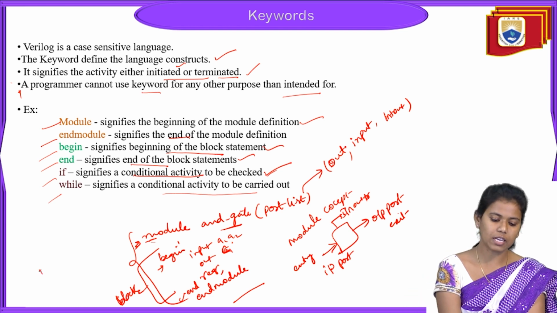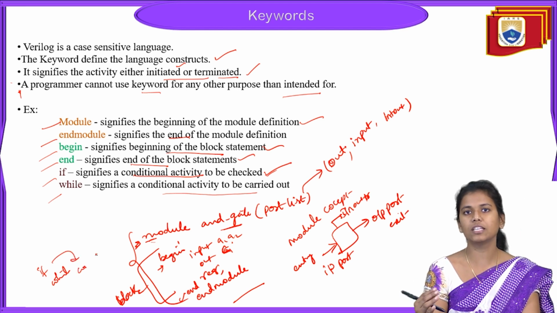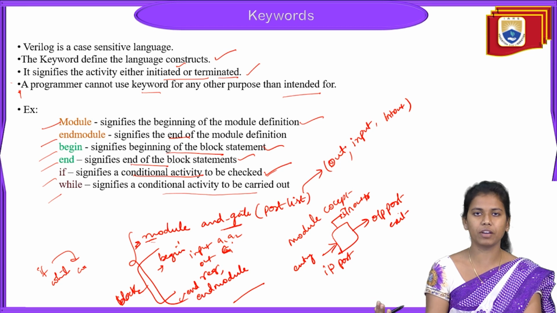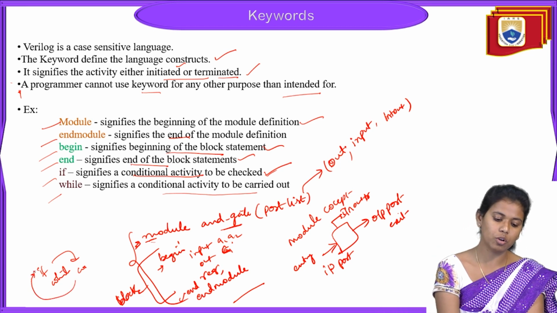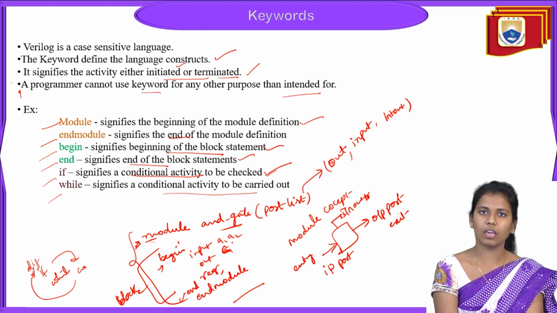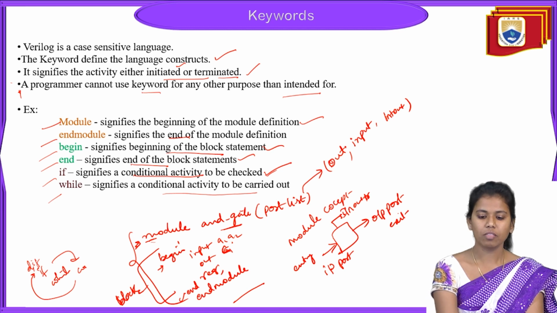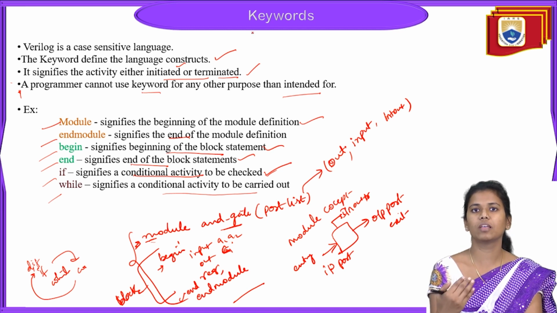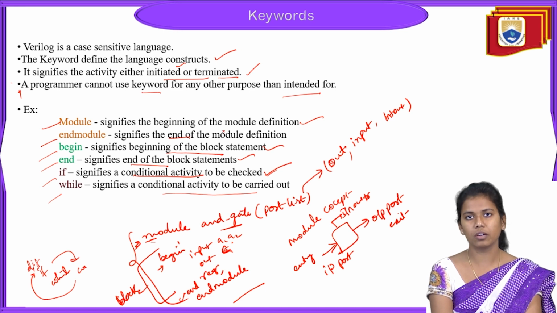If is a condition and while is the condition to be carried out, and if this condition is terminating, then it is well and fine. Otherwise, it goes back to the loop and continues. It goes back again to if, else if, and again comes to the while. So this is how the keywords are mentioned in the Verilog program, and this is very important in order to write a program. So module, end module is the beginning of the module definition.